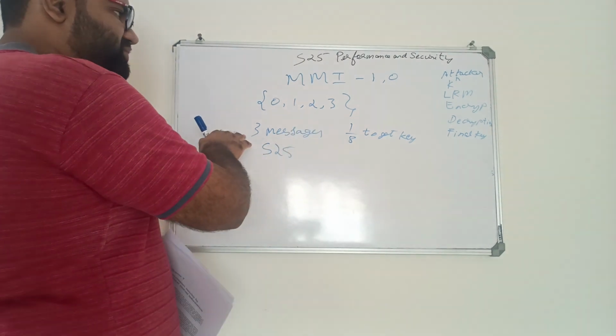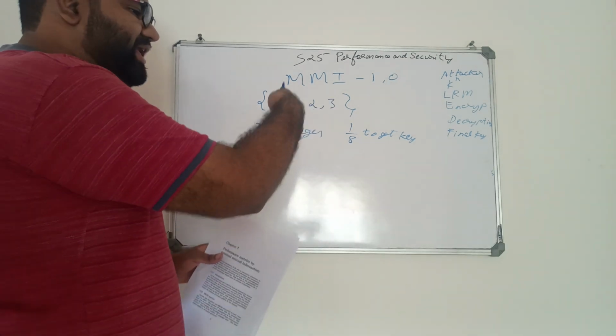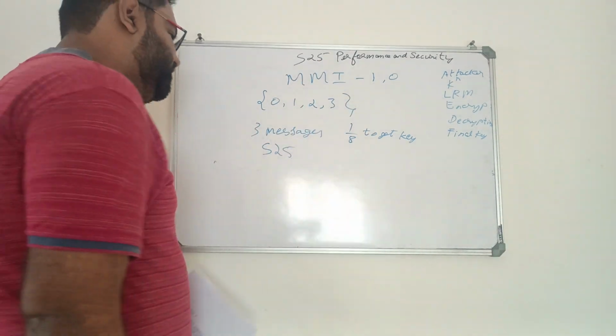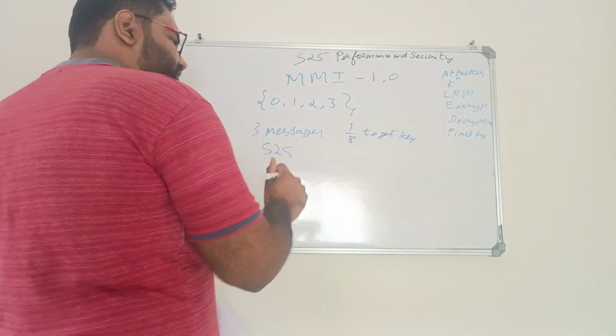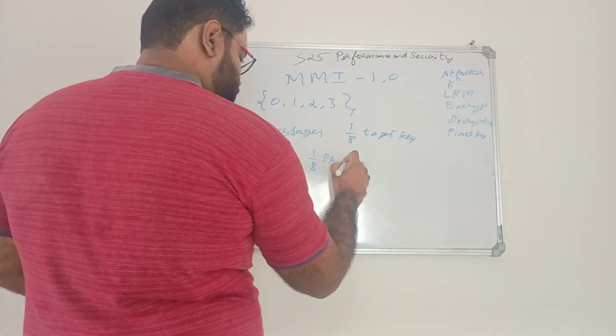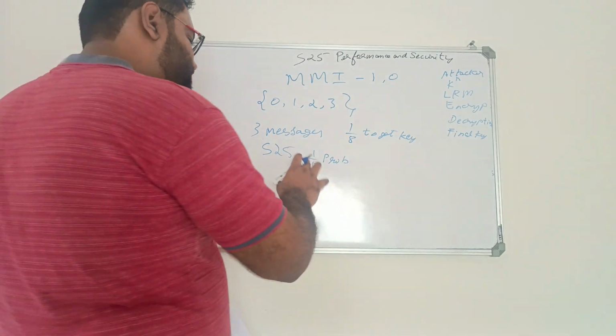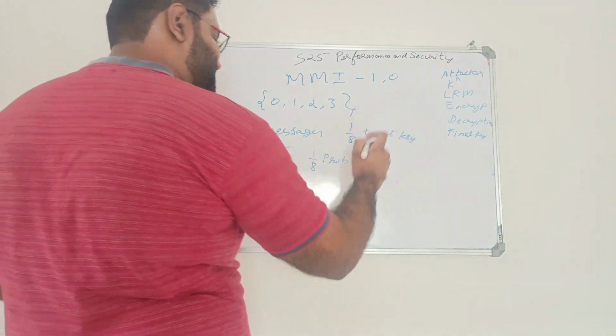Whereas for BB84, all he needs to do is just take off the qubits and apply an X or a Z gate and then finally perform the operations. But again, even with all of these things, S25 has 1 over 8 probability without redundancies. So it's 1 over 8 probability to get the final state.